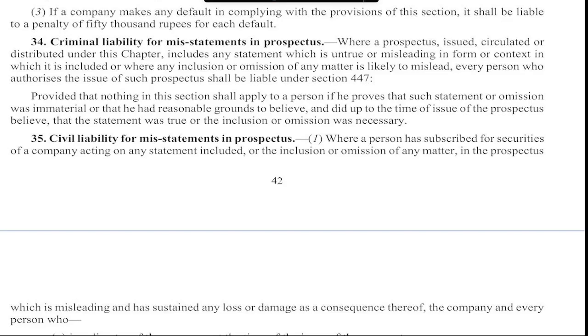Provided that nothing in this section shall apply to a person if he proves that such statement or omission was immaterial, or he had reasonable grounds to believe, and did up to the time of issue of prospectus believe, that the statement was true or the inclusion or omission was necessary.